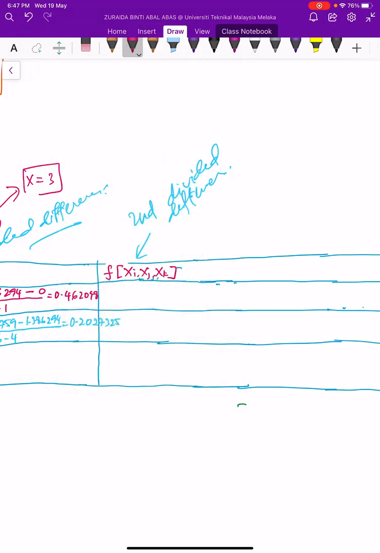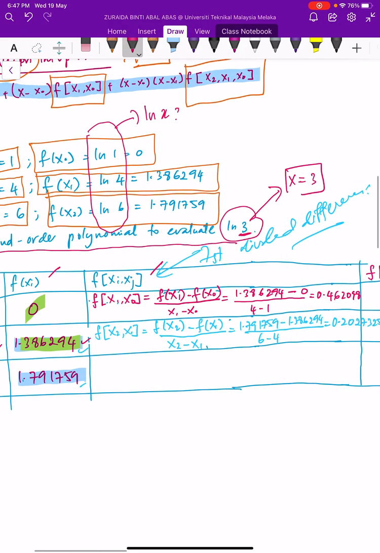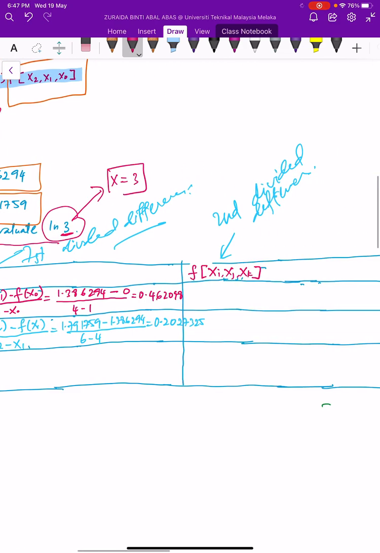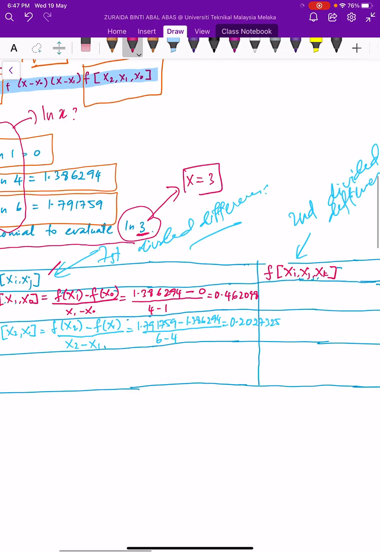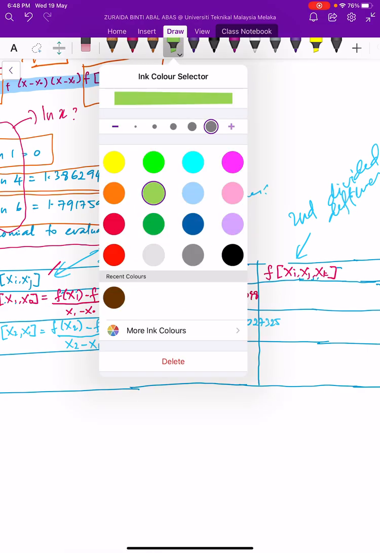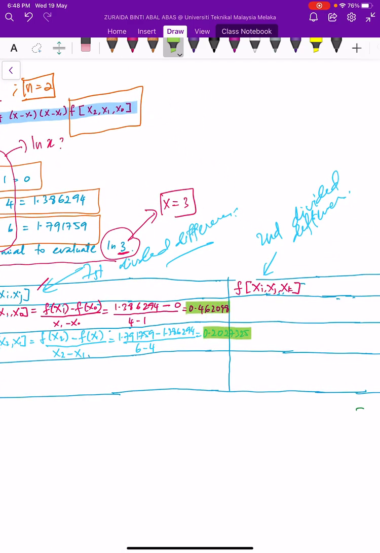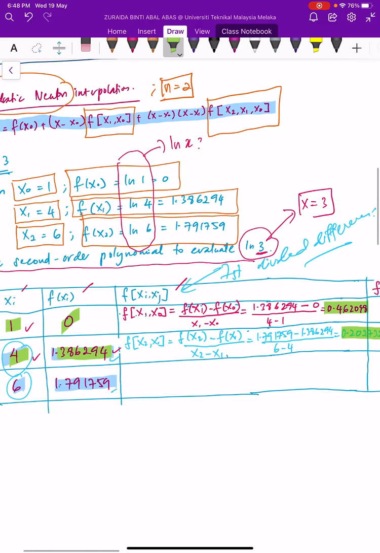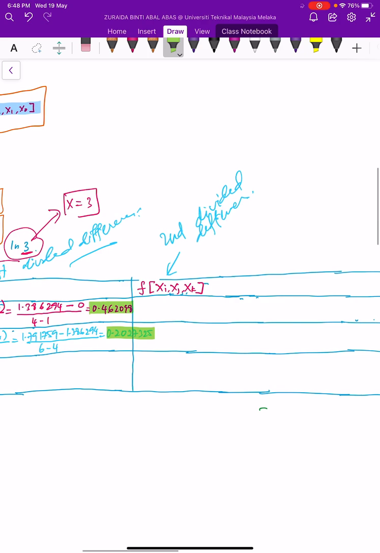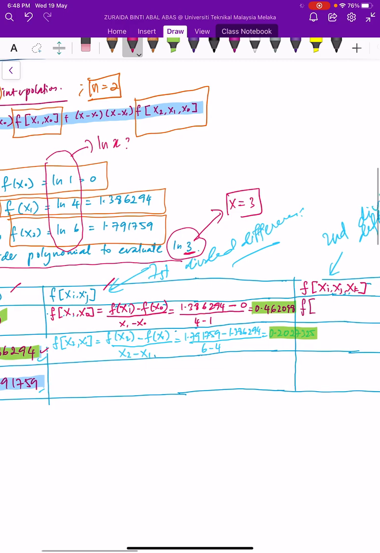Now, what we need to find is the second divided difference, which involves these two values.